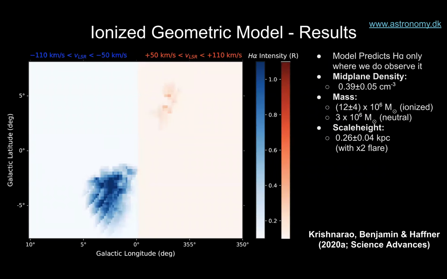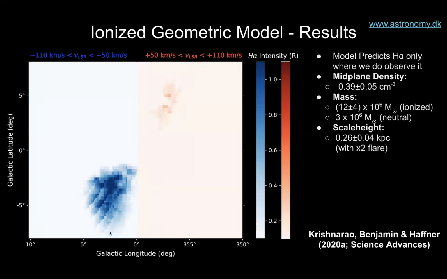And so with this model that we have of this flaring disk of gas, what this image to the left is showing is just what a synthetic image of H alpha would look like when you pass it through 3D dust extinction estimates. So we use Bayestar, the 3D dust extinction maps from Greg Green and Doug Finkbeiner's group at Harvard, and pass our model through that extinction map, and this is what we would expect to see.